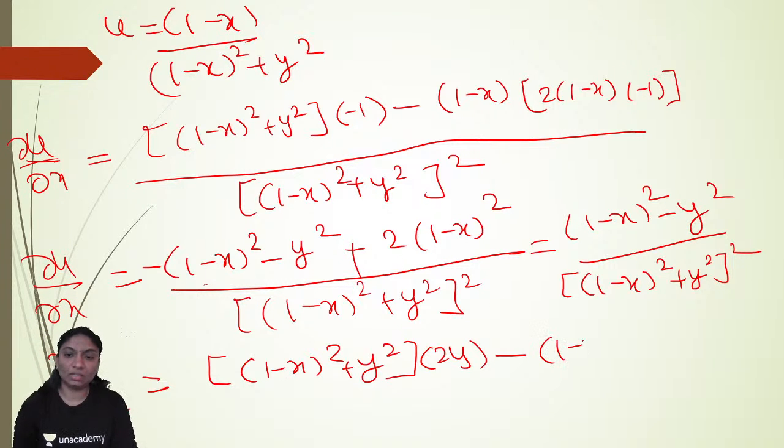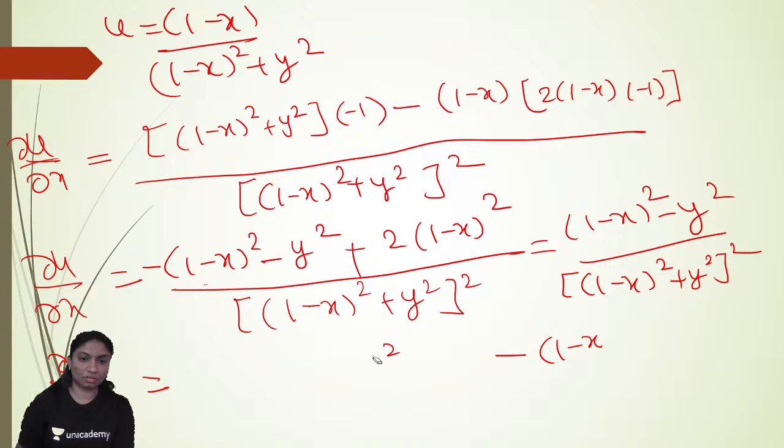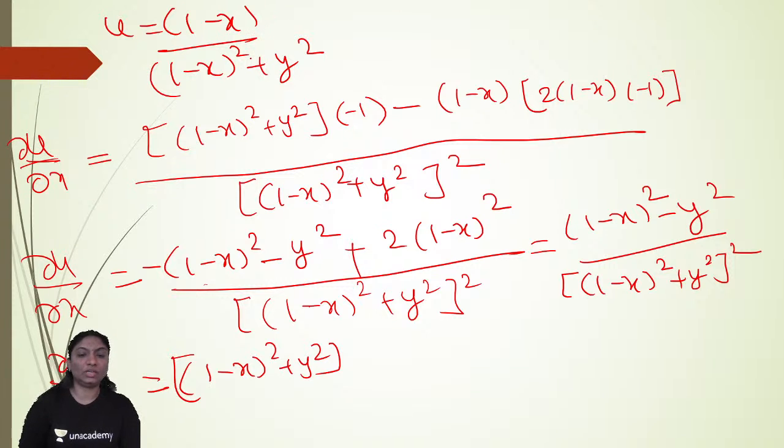U is 1 minus x, and the derivative of v, it will be 0 only.